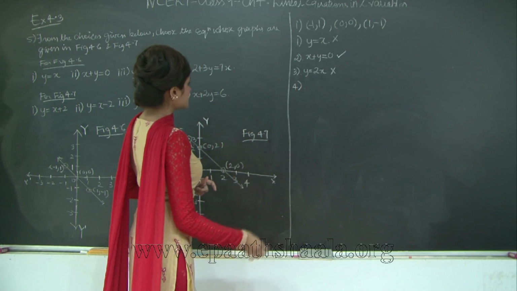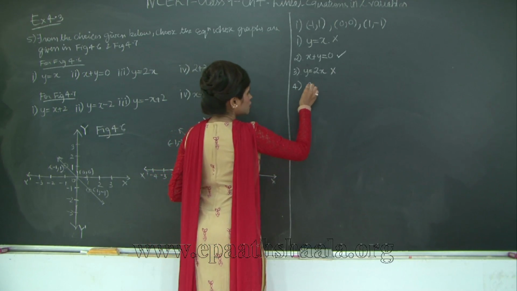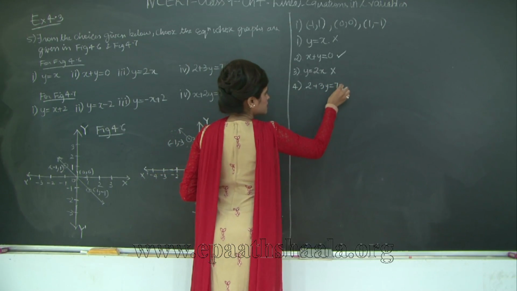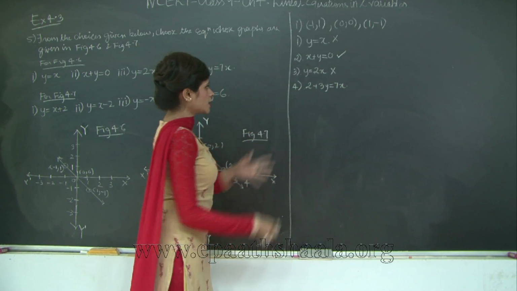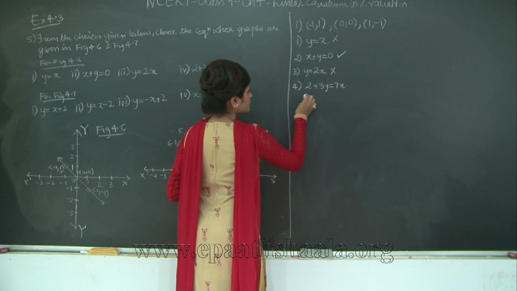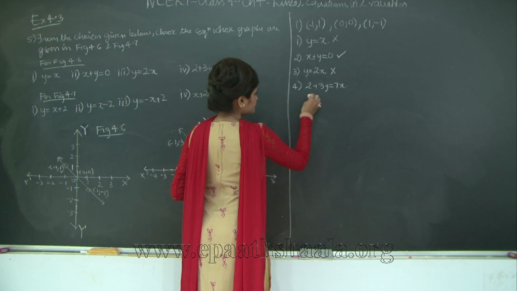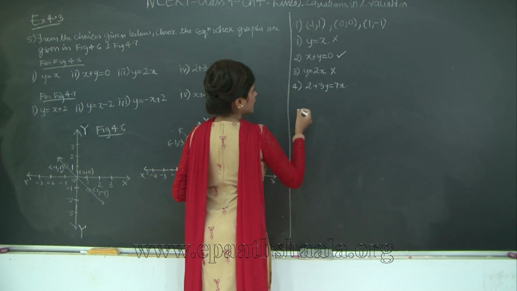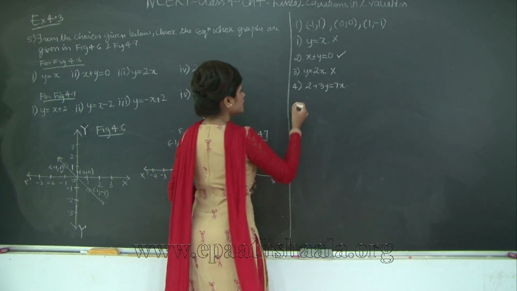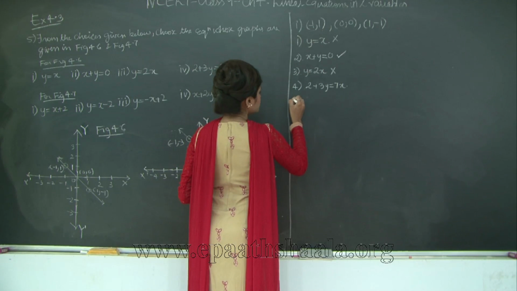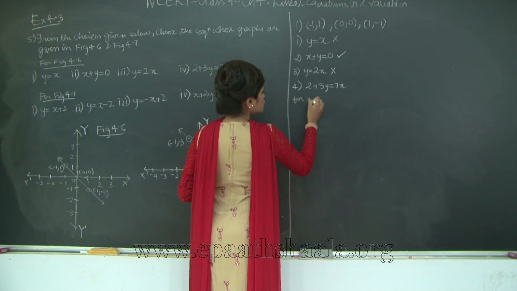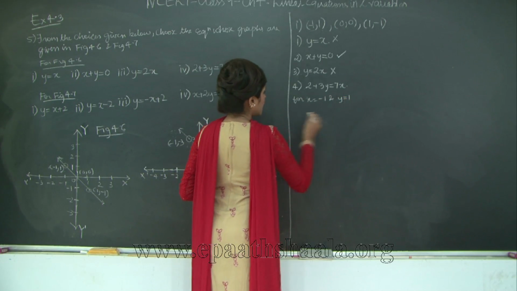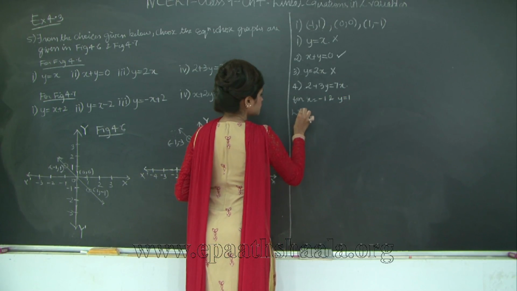I have 2 plus 3y is equal to 7x. Right? I can just rewrite this equation as follows. Okay, no problem, we'll just take one point at a time and solve for the left hand side and right hand side. So for x is equal to -1 and y is equal to 1, I will check my left hand side.